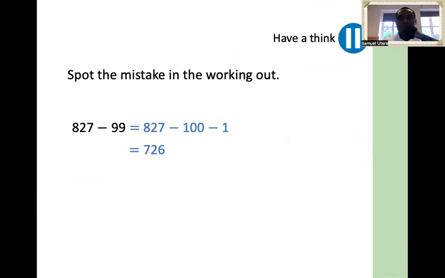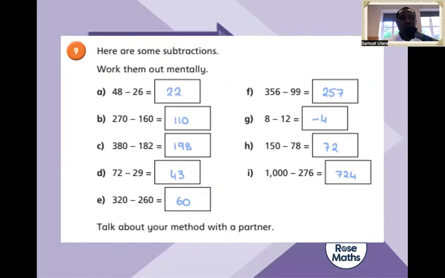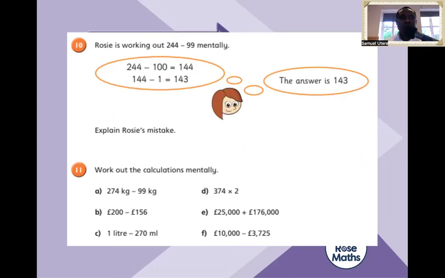All right. And here is the answer for question 9. You were asked to work this out mentally. So this is for you to practice. All right, pause the video and answer questions 10 and 11 in 3 minutes.